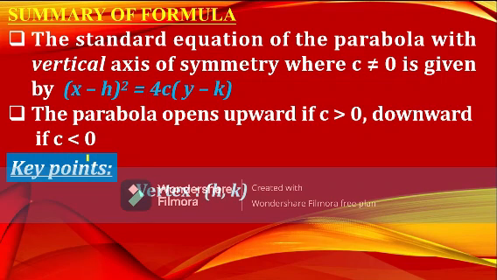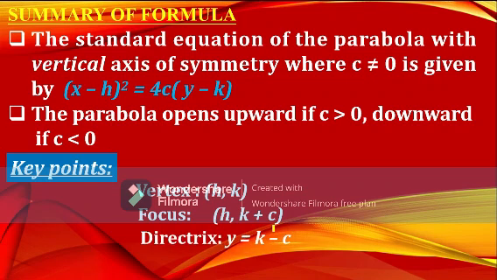Then the key points: the vertex is always (h, k), the focus is always (h, k + c), regardless of the value of c. The directrix is y = k - c, and the axis of symmetry is x = h. This is what you're going to use if we are having this standard equation, if the axis of symmetry is vertical.